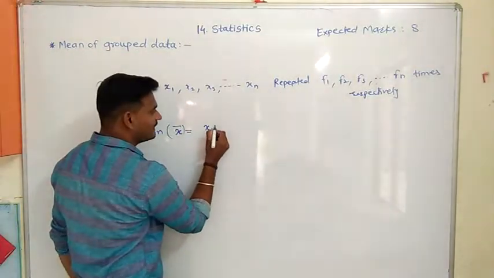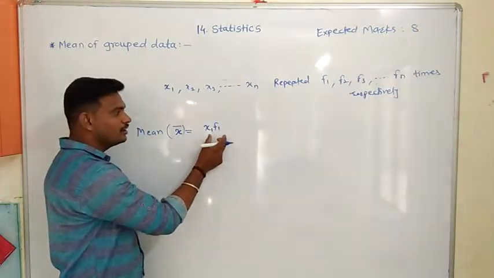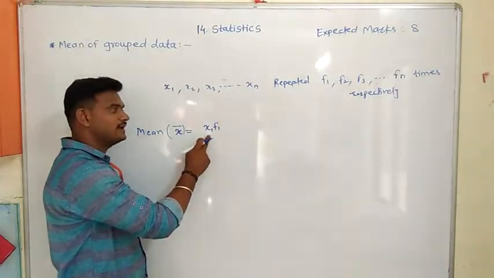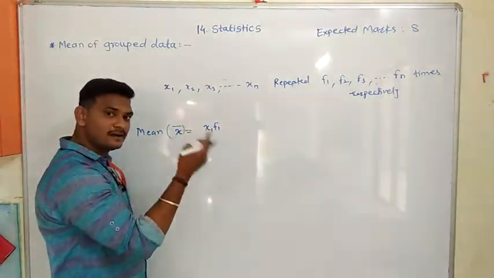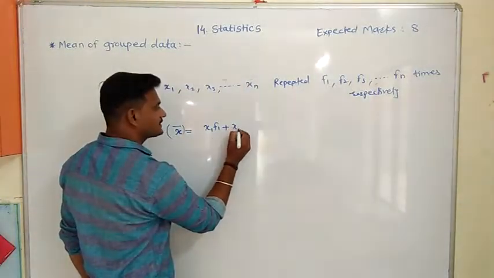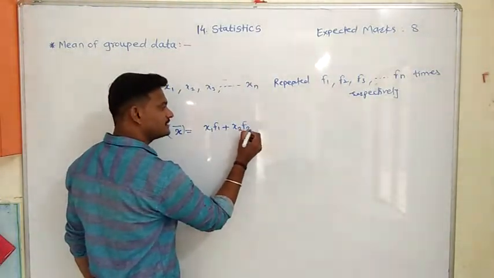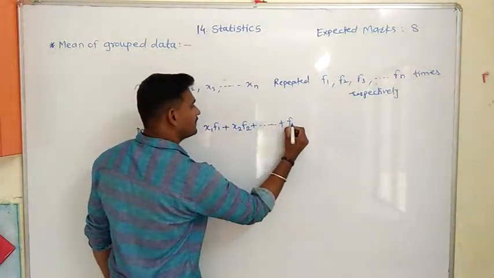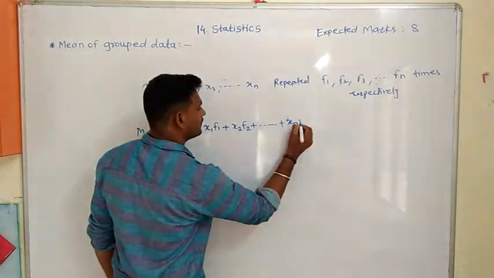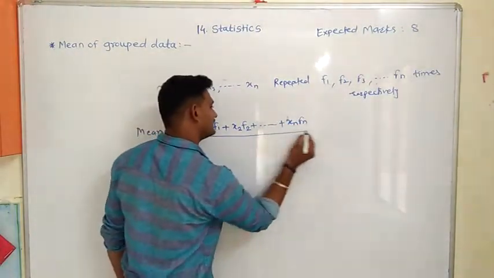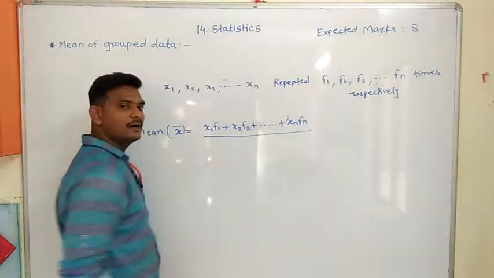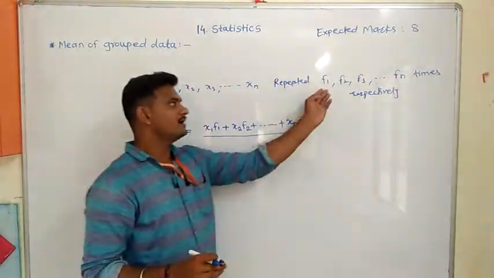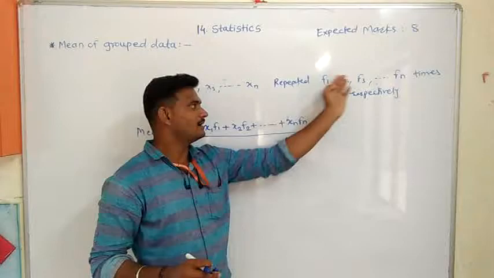Then we can write it as x1 into f1, because the x1 observation repeats f1 times, plus x2 into f2, plus and so on, and the last one will be xn into fn. That is divided by the total number of observations, which is the sum of all these terms, f1 plus f2.